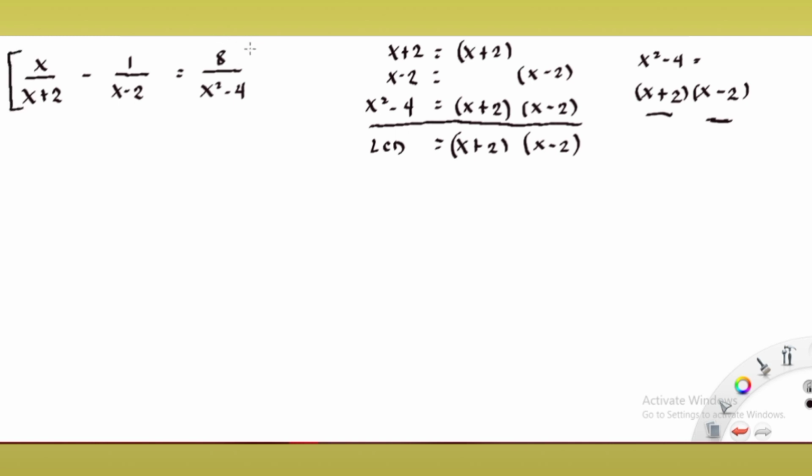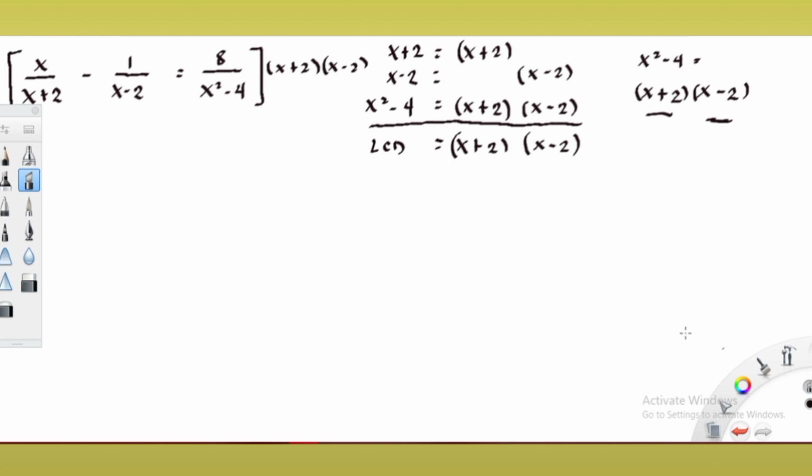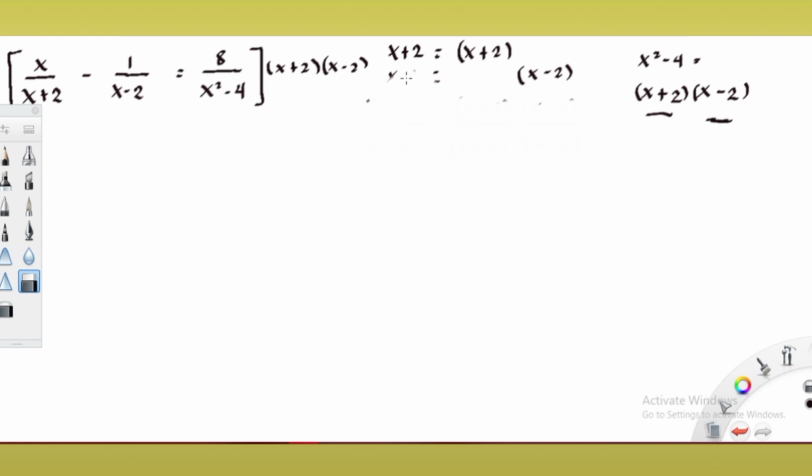So, multiply the whole equation with the LCD, x plus 2 times x minus 2. Okay? So, sige, pakita natin isa-isa. Burahin natin ito para mas malaki yung space natin. Because I think we need much bigger space.